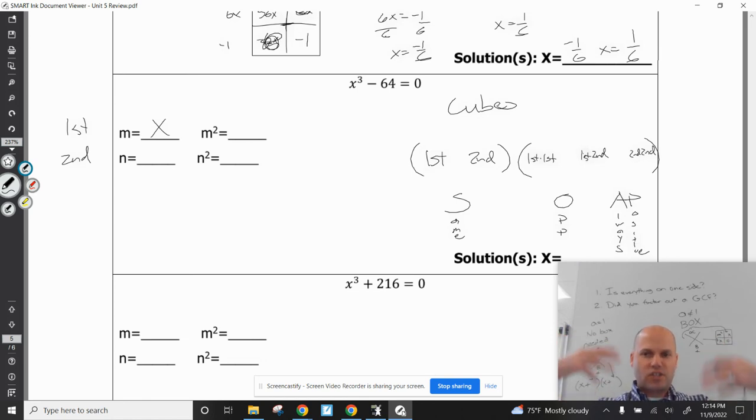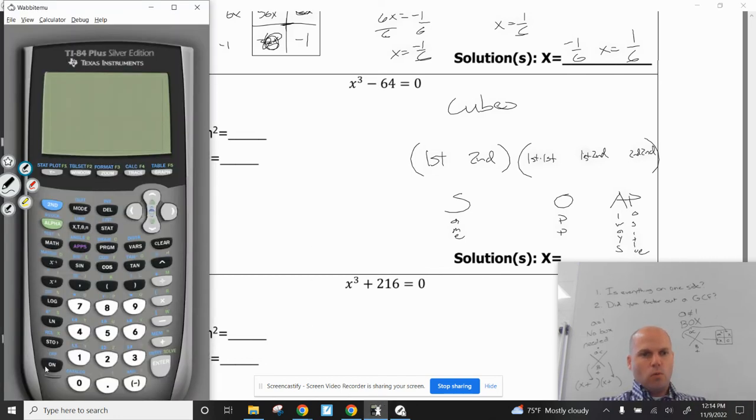What number times itself three times gives us 64? Guys, don't worry about this sign right now. We can start writing down a list of the perfect cubes and the perfect squares if you want to. 2 cubed, or 2 times 2 times 2, is 8. 3 cubed, 27.